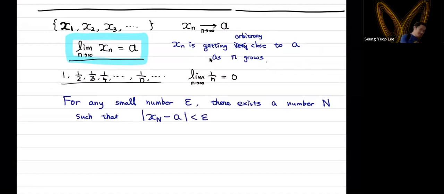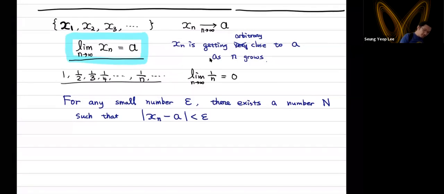Not just that, after capital N, it's all smaller because after capital N, it's getting closer and closer, which means if you're even higher value than capital N, so for any n higher than capital N, this is true. So if you give me some number 1 over trillion, then I can give you like capital N, maybe 1,000.